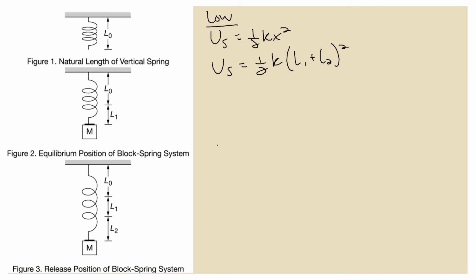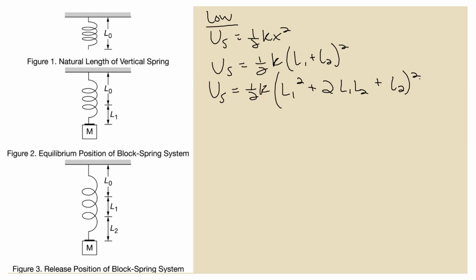Once again, this is going to be like a big FOIL job because we have something being added together in the square. And so we'll have 1/2 k times, and you know how this is going to go now. We're going to have an L1 squared, we're going to have a 2L1 L2, and we're going to have an L2 squared.